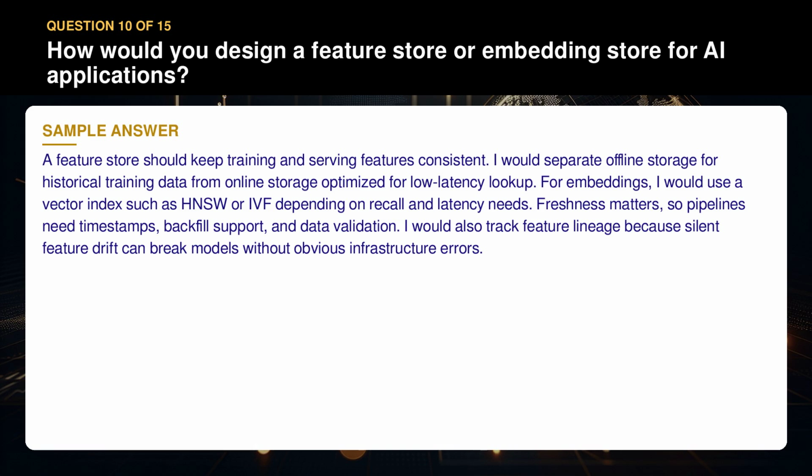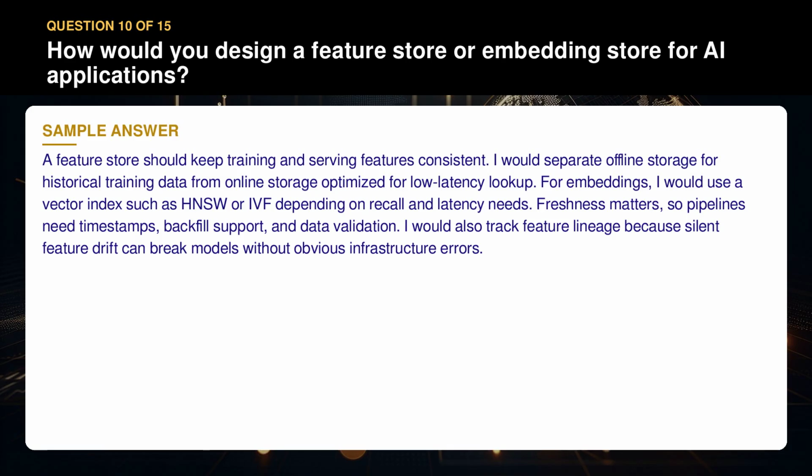A feature store should keep training and serving features consistent. I would separate offline storage for historical training data from online storage optimized for low latency lookup. For embeddings, I would use a vector index such as HNSW or IVF depending on recall and latency needs. Freshness matters, so pipelines need timestamps, backfill support, and data validation.